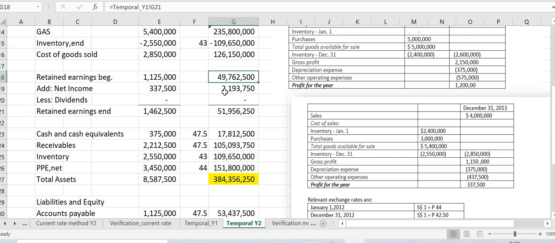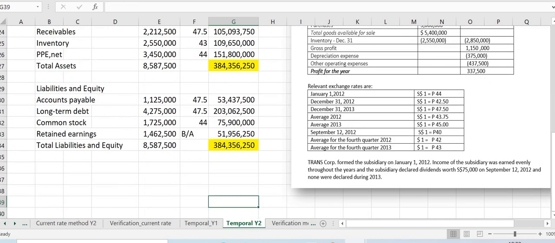So our net income, of course, we are to squeeze that, so we work back. You have your retained earnings end of 51,056,250, the one we computed earlier as the balancing amount.